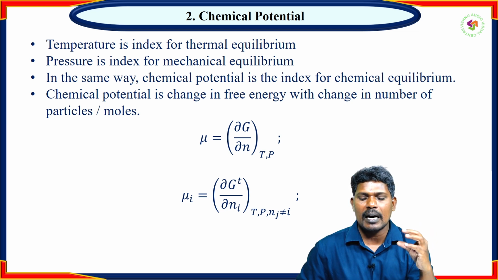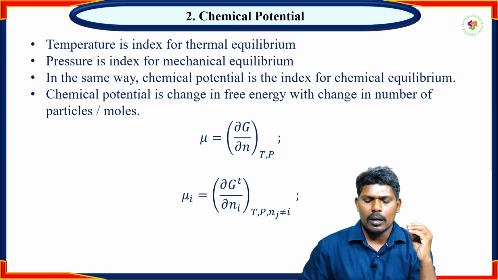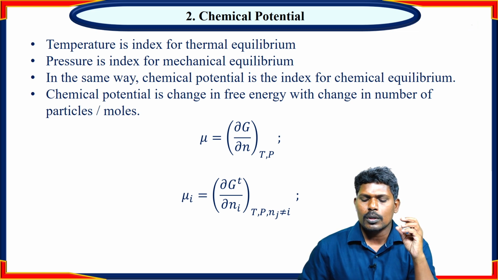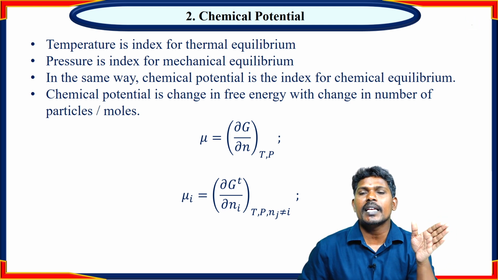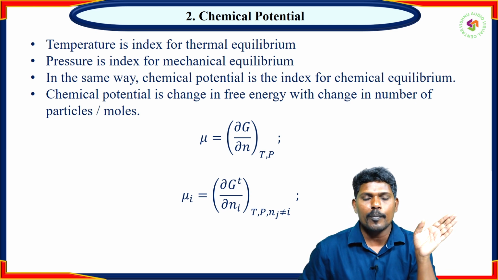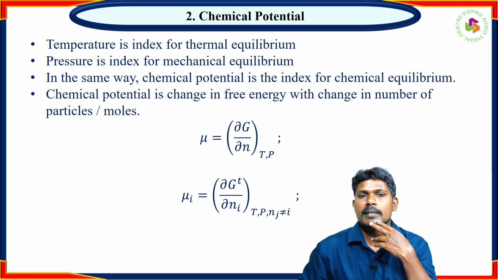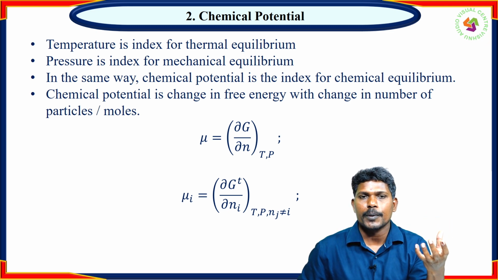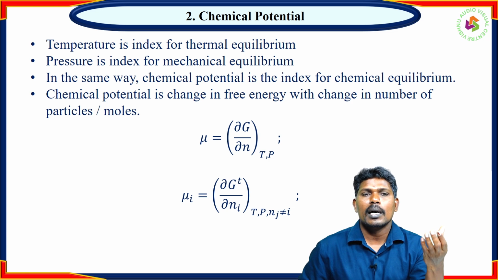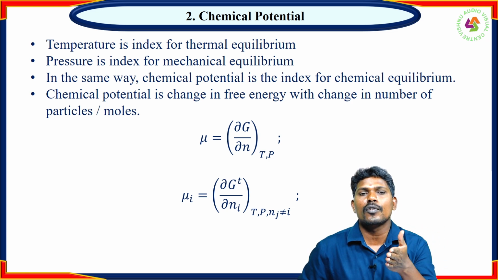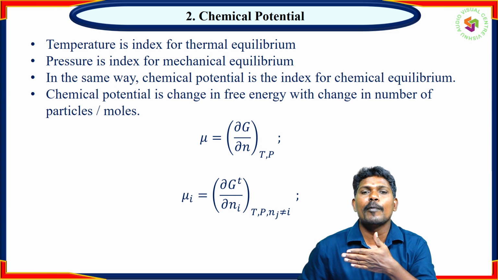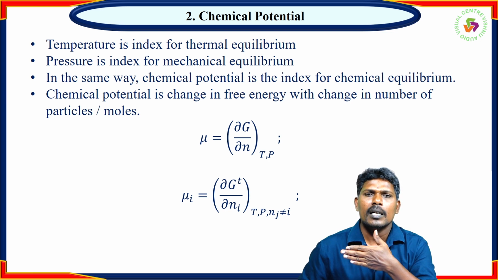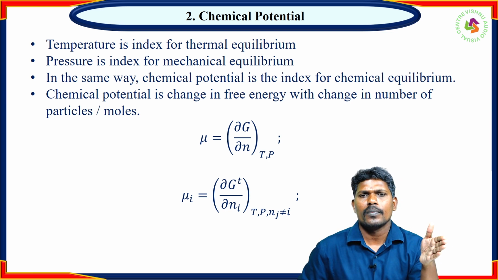So for the definition part, the chemical potential is the change in free energy with a change in the number of moles or particles. Okay. So for example, take a mixture. In that mixture, 1, 2, 3, 4, 5, and so on, n number of different compounds are there.